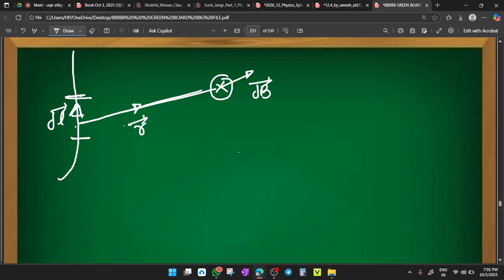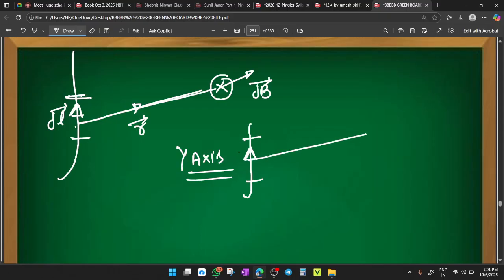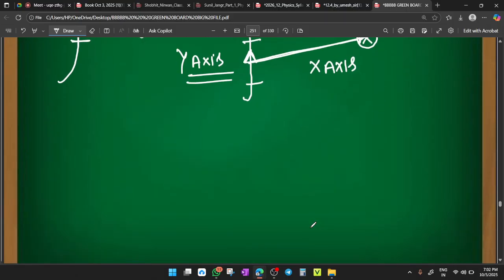Because dl vector is in the direction of the y-axis, and r vector is in the plane, so you can consider it in the direction of the x-axis. Now dB is into the plane, in the perpendicular plane.